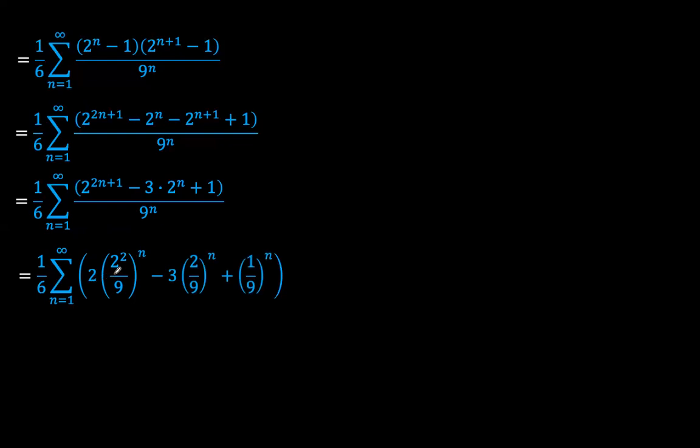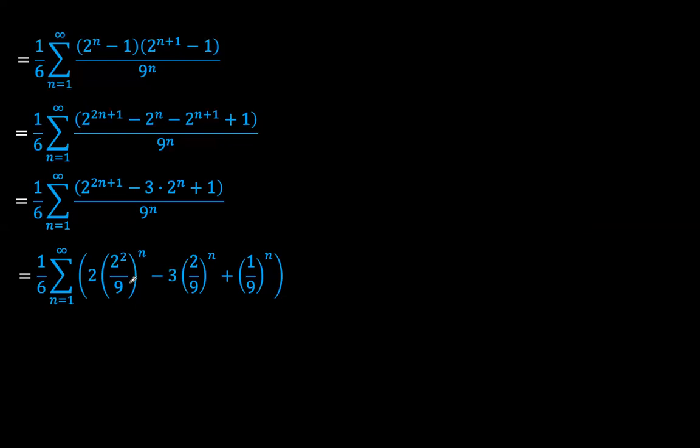this 1 here results in 2 here as our constant, and then we have 2 squared to the power n over 9 to the power n. So in bracket, we have 2 squared over 9 minus 3 times 2 over 9, that's to the power n, plus 1 over 9 to the power n. And so these are geometric series.